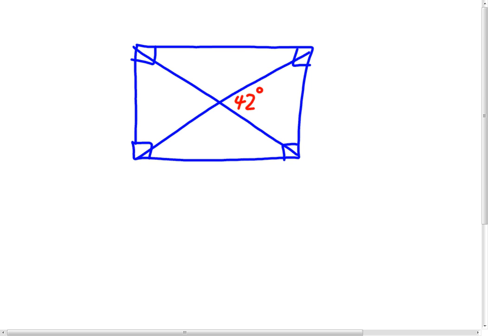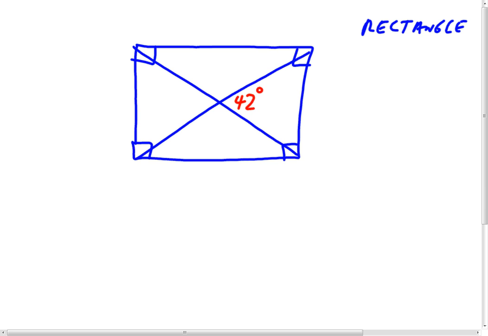What's the most specific name that you can call this? You could call it a quadrilateral. You could call it a parallelogram. But what are we going to call it? It's a rectangle. How do you know it's a rectangle? It has four right angles. So as soon as I see the four right angles, I know it's a rectangle. I know it has all of the characteristics of a parallelogram, and it's got the extra characteristic that the diagonals are exactly equal.